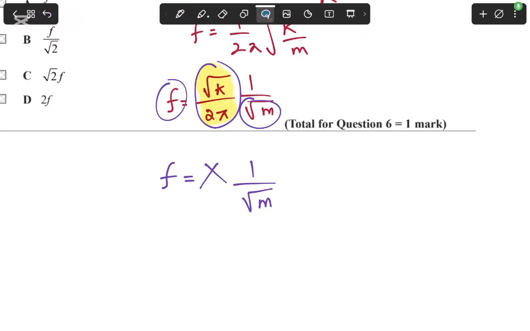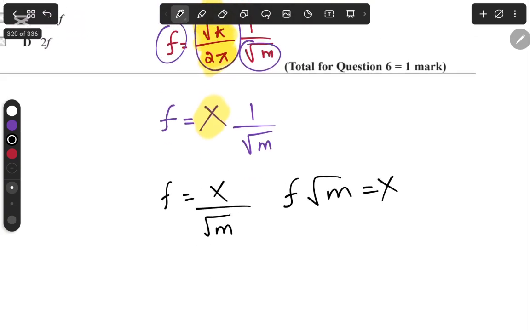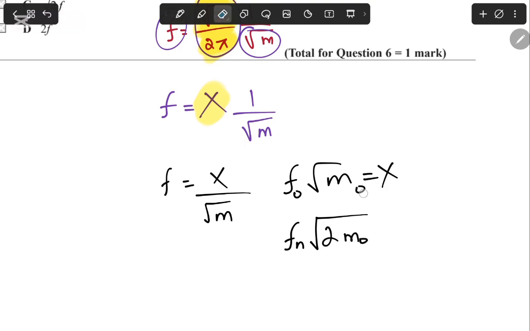This entire constant I can write as x, so f equals x over square root m, and then f times square root m equals x. Let's say this is the old frequency and the old mass. Now the new frequency is there, and you have square root 2 times the old mass.